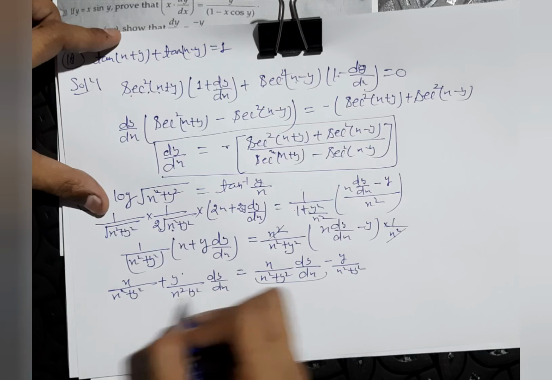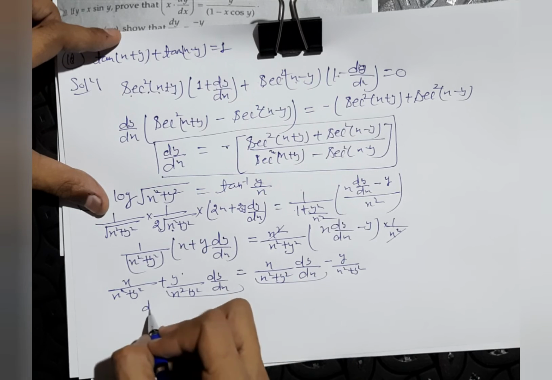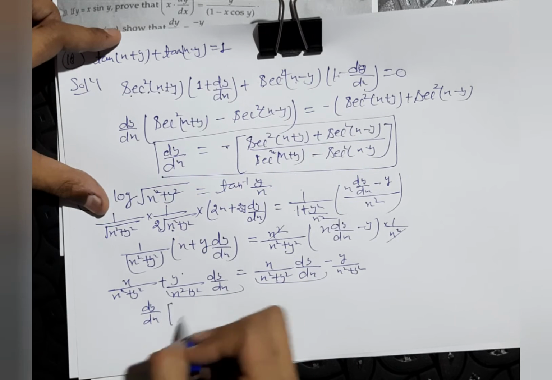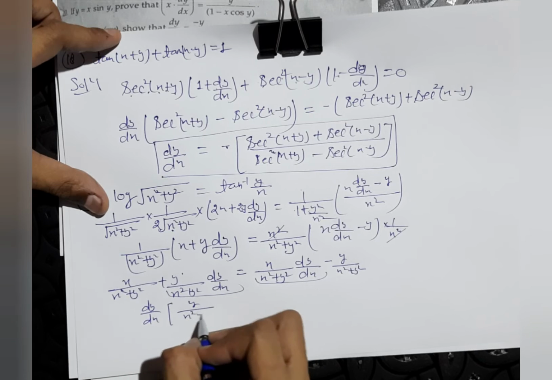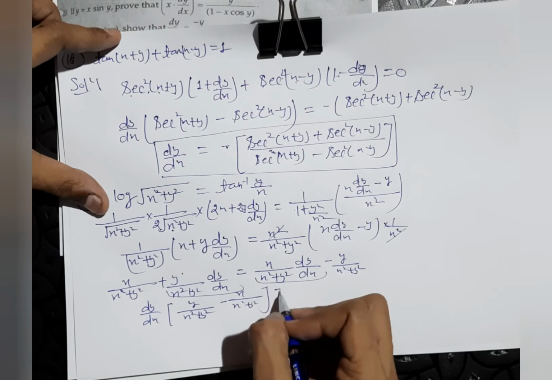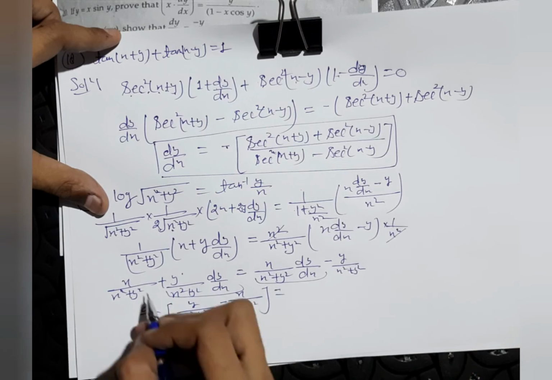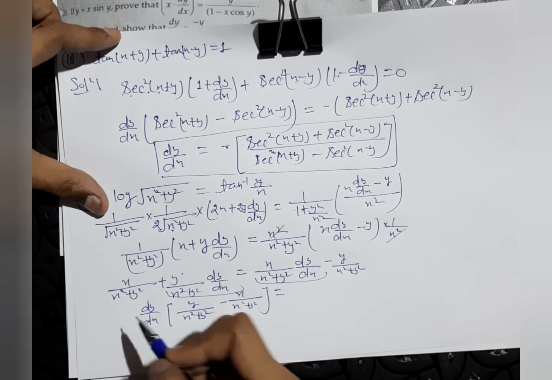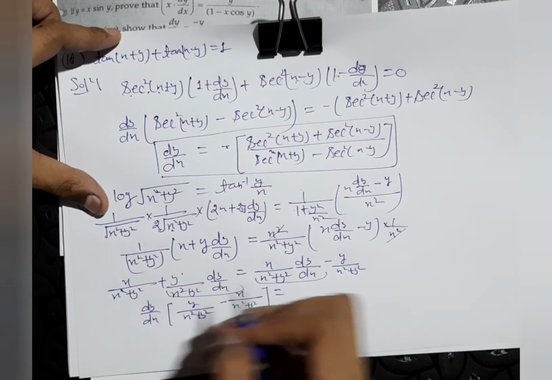So here dy over dx is common, and y divided by x square plus y square minus x divided by x square plus y square equals, this is negative, and when I shift this term into the RHS, it will also be negative.